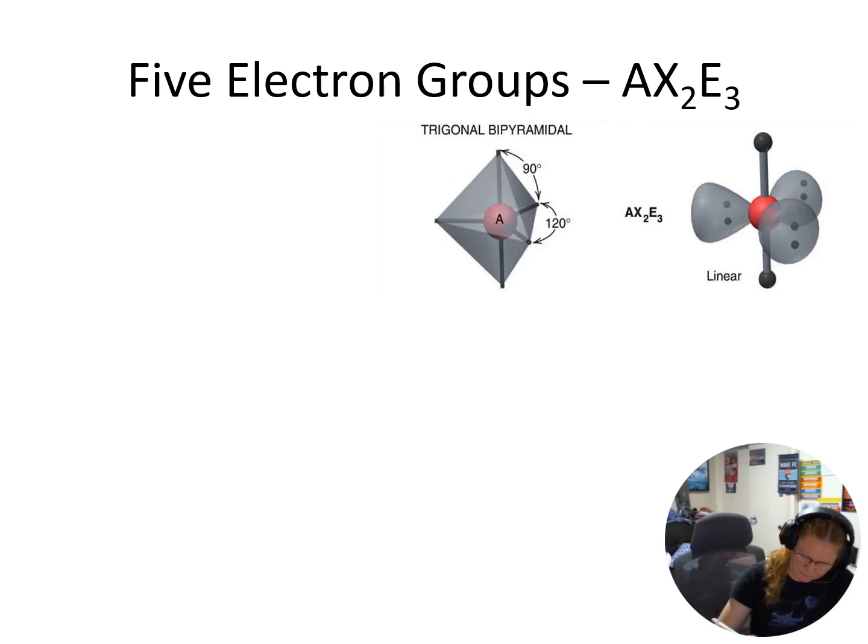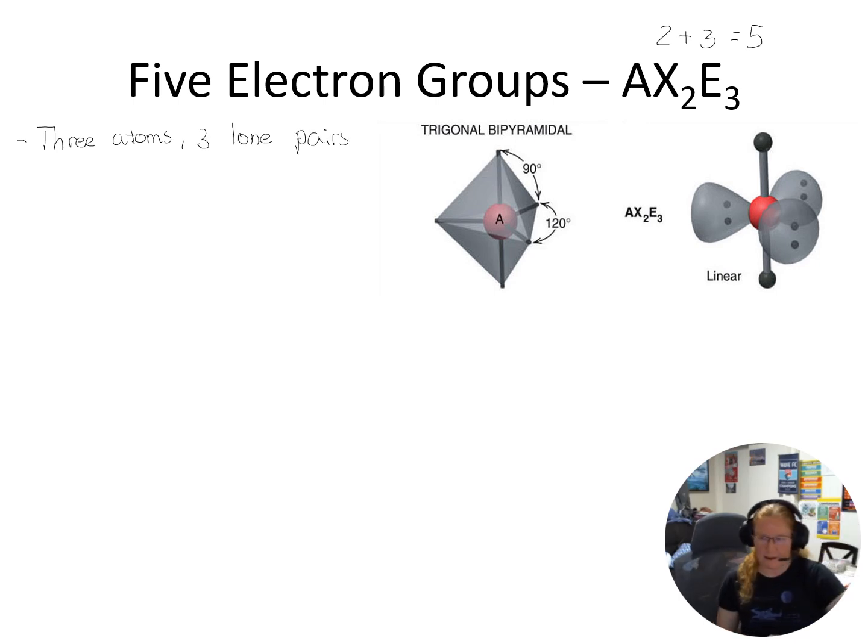Okay, so 2 plus 3, so 2 bonding, 3 lone pair, gives me 5. All right, so I have 3 atoms this time. And 3 lone pairs.